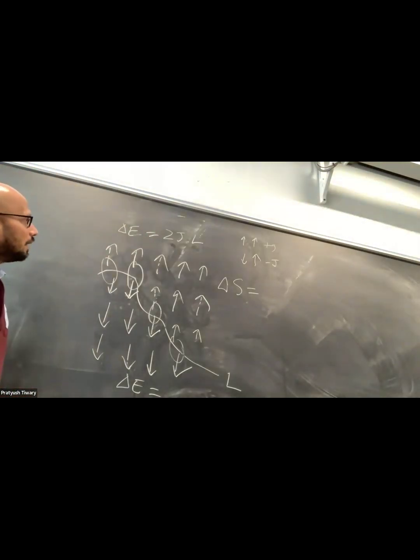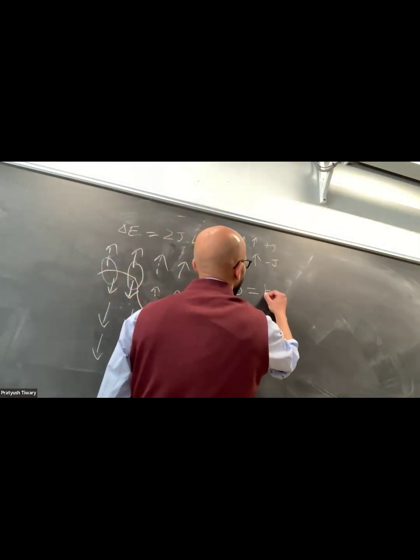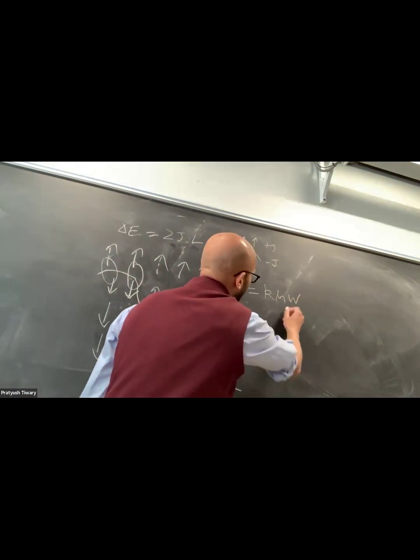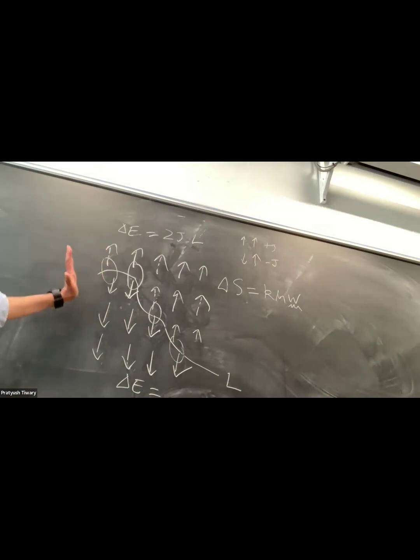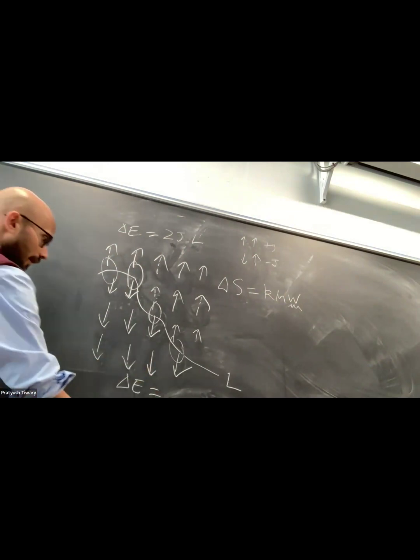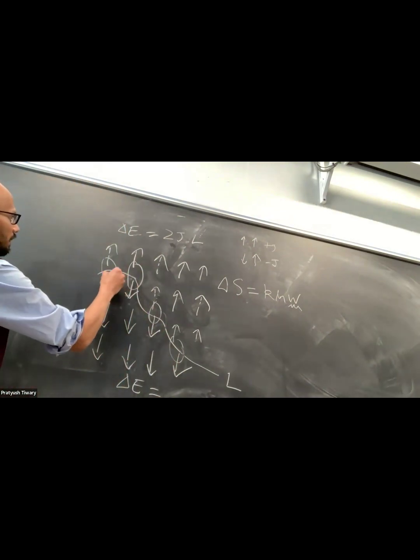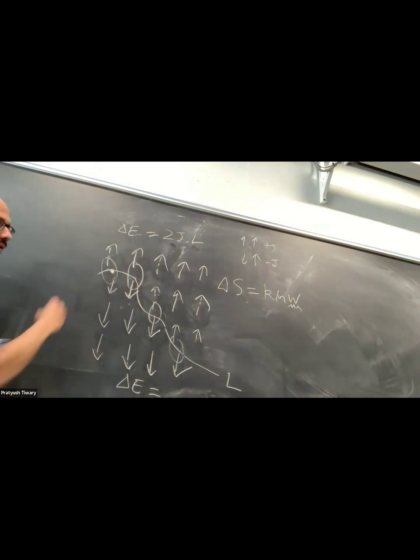Delta S is going to be k ln W, that we are fine with, but the problem is what is W? What is the number of ways in which we can create a boundary with L disrupted bonds? Any ideas? How should I calculate this thing? How should I proceed? Let's say I have this one disrupted, right?